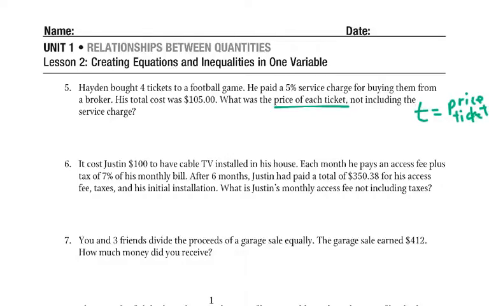Okay. We know that he bought 4 of them. We know that the total was 105. So I know that 105 is going to equal the rest of it. Okay. We know that he had 4 tickets, right? So we multiply the price per ticket by 4.